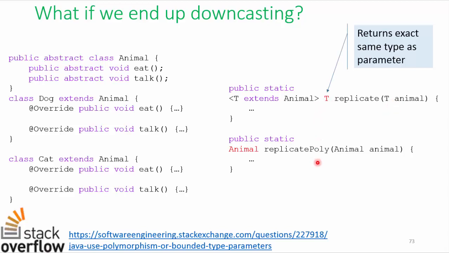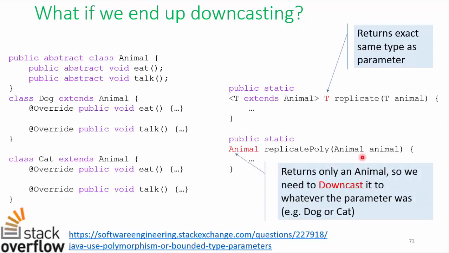In the polymorphism version of the method, things are a little different. You accept an animal parameter, which means you can pass a dog, you can pass a cat, no problem. But you define here your method return data type as animal. So whether I passed a dog or a cat object to this method, I'm going to get a reference as return value that is a reference on animal. And what am I going to do with that?